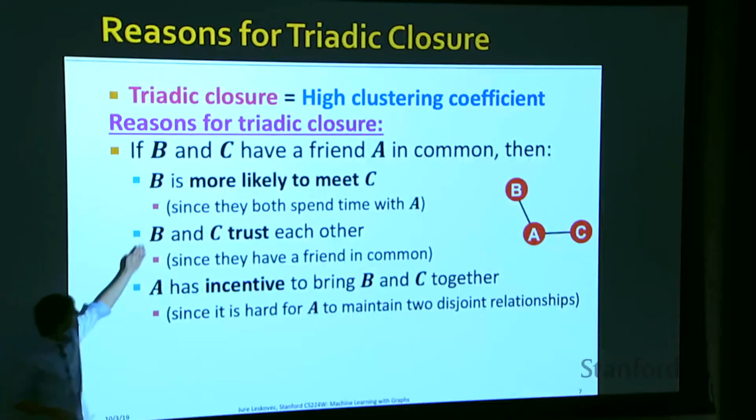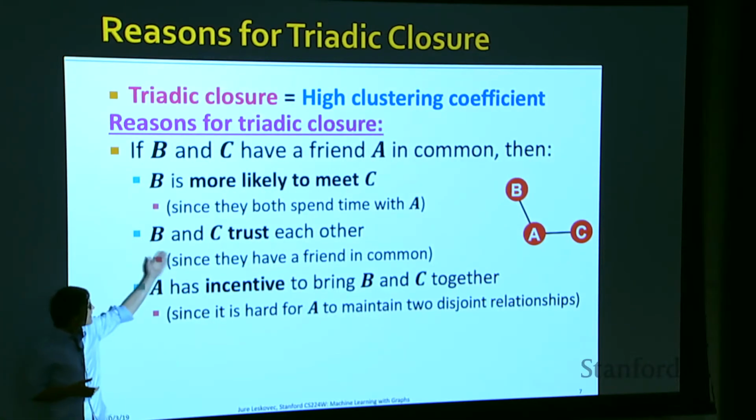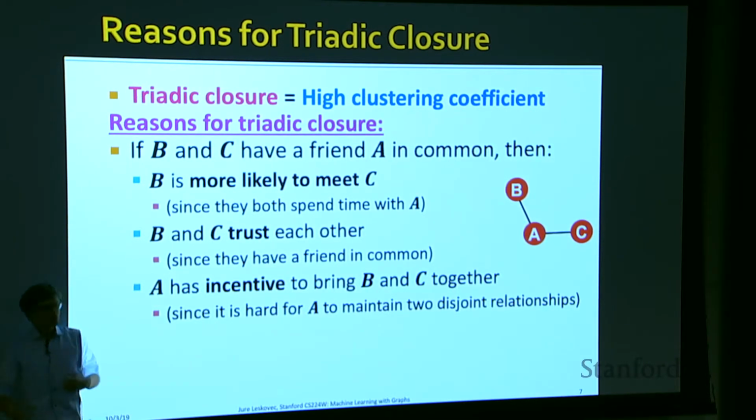First, A and C are more likely to meet because they have a friend in common. B and C will trust each other, again, because they have someone in common. And node A has an incentive to bring B and C together so all 3 of them can hang out, rather than friend A having to spend one afternoon with friend B and then another afternoon with friend C. They can all hang out together.